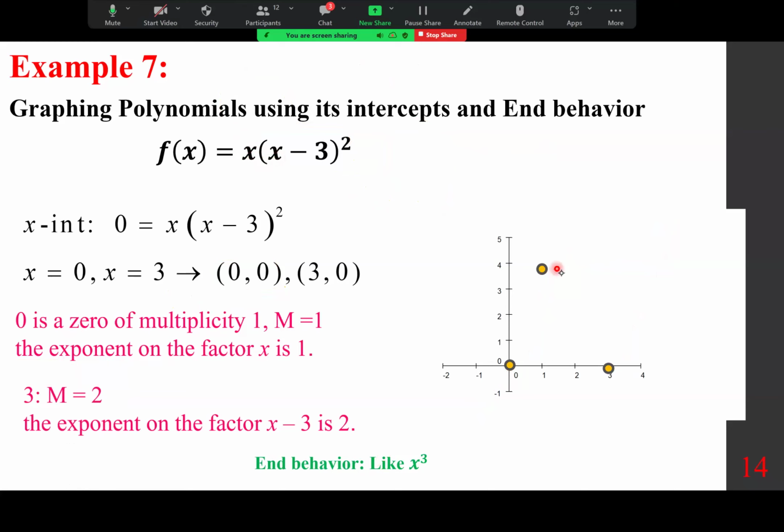So 1, 4, and I'll put them all together. So the point being, you can always add a couple of points. You know the end behavior. You know the behavior near an x-intercept. If the y-intercept is different than those, find that.